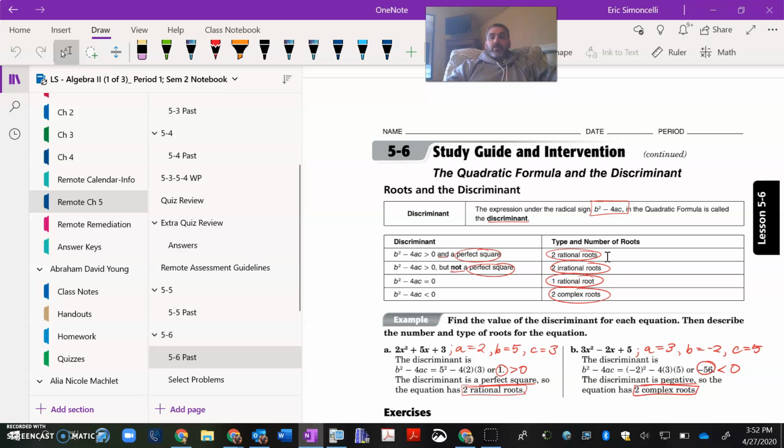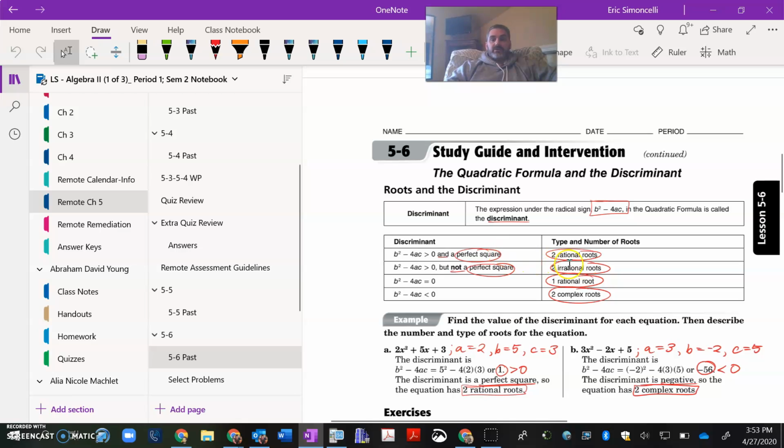I would argue that if your discriminant is in fact a perfect square, then factoring is your best option, if I gave you the choice between the two.